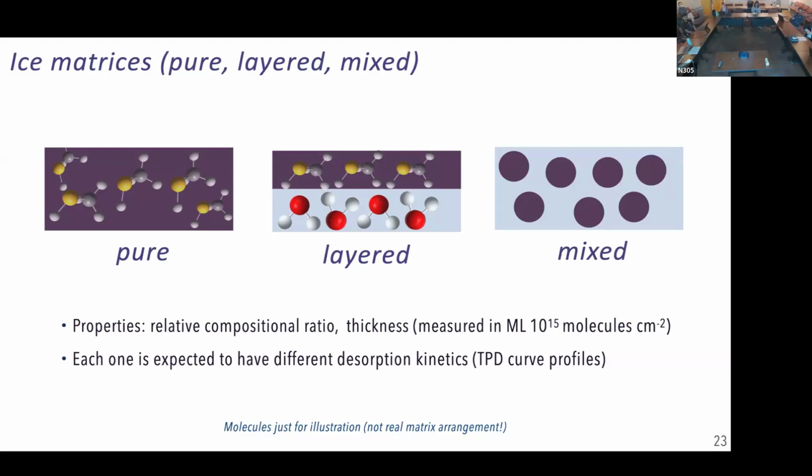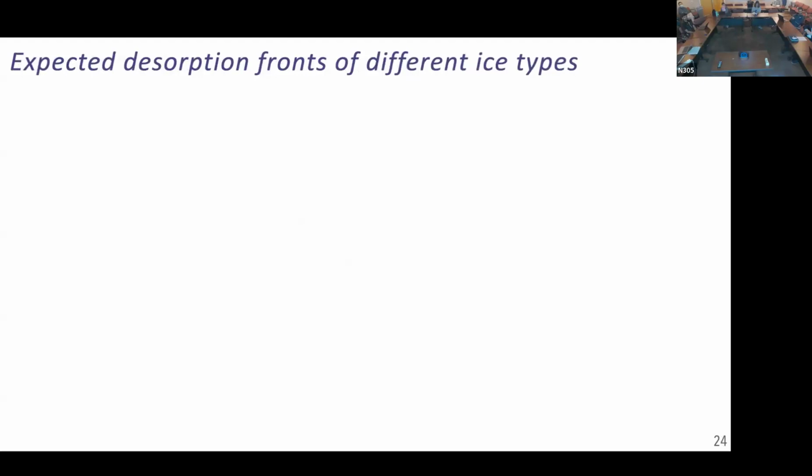So the properties for each ice are the relative compositional ratio and its thickness. You'll see a lot of these next slides will have monolayers, which is considered 10 to the 15 molecules per centimeter squared. And each of these ice matrices is expected to have different desorption kinetics or TPD curve profiles.